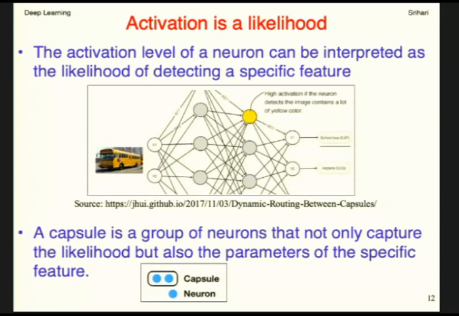Here is some deep learning network which has to classify whether it's a school bus or an airplane. And we have a high activation if the neuron detects the image contains a lot of yellow color. We have said earlier on that in deep learning we have layers upon layers. It's learning some features as we move on.